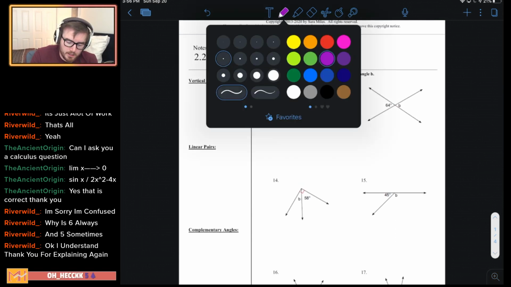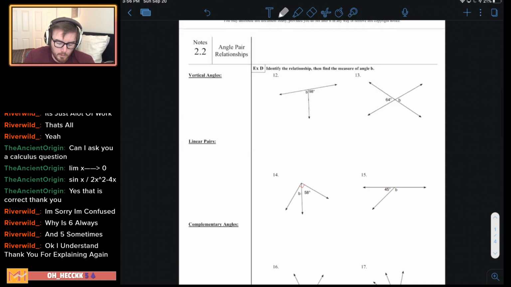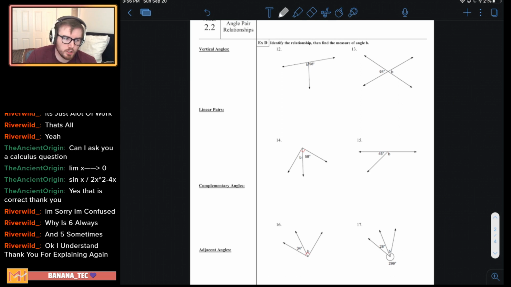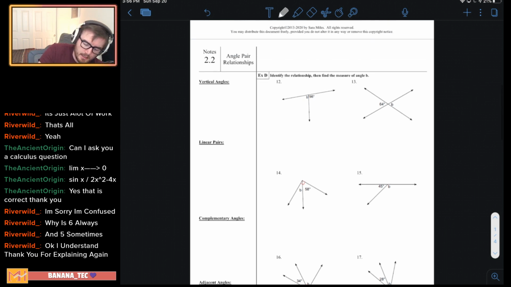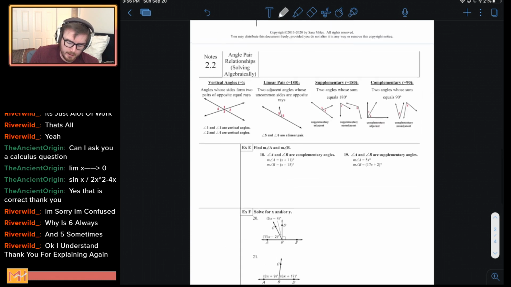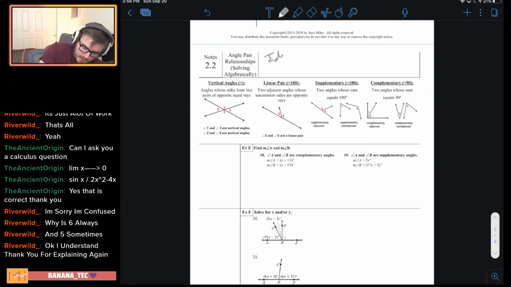Okay, so the way I like to do these problems, in class and doing notes, and something that you should always do first, is identify the relationship first. For any problem, even down here, identify the relationship first.